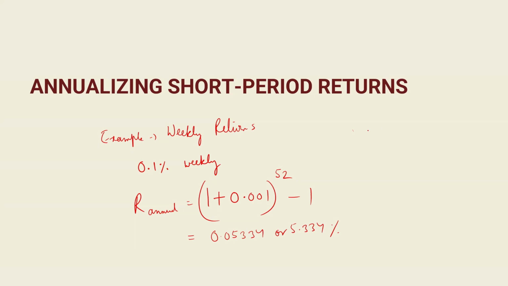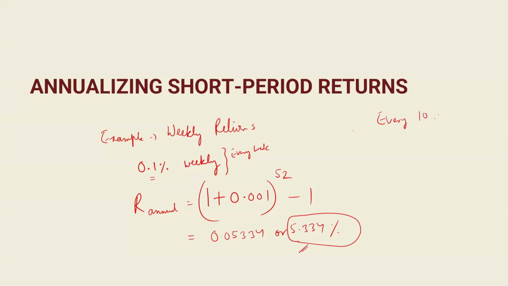So for example, if you have a return for 10 days and you know that every 10 days you are earning return, this return over the year will only be true if this return is being earned repeatedly. If you just earn it for 1 week, then of course there is no sense of calculating this.